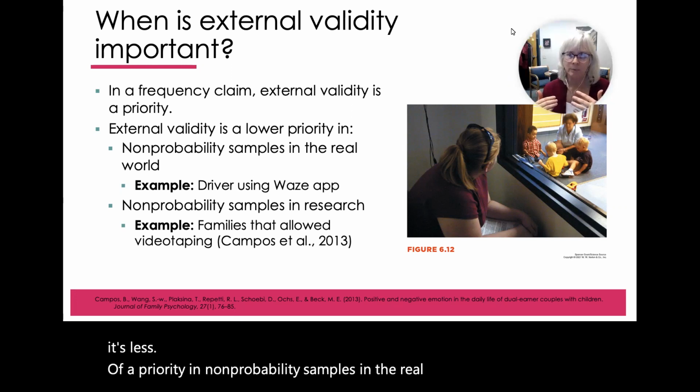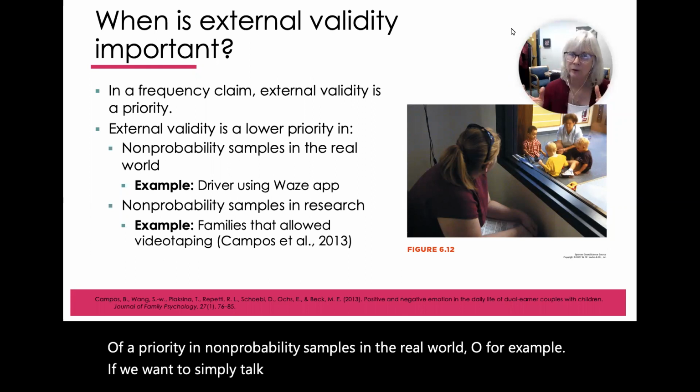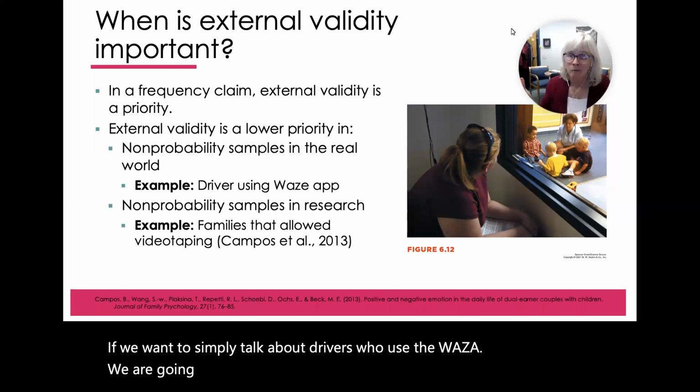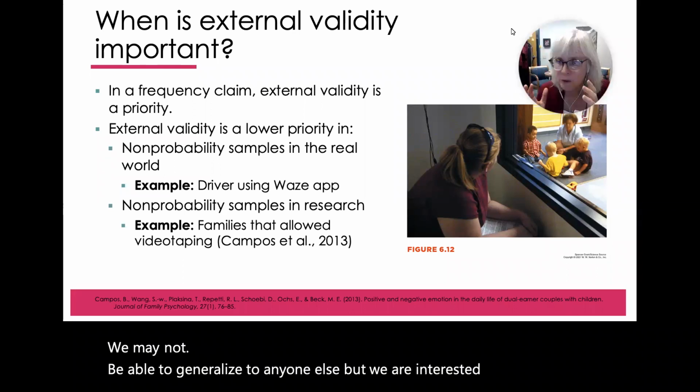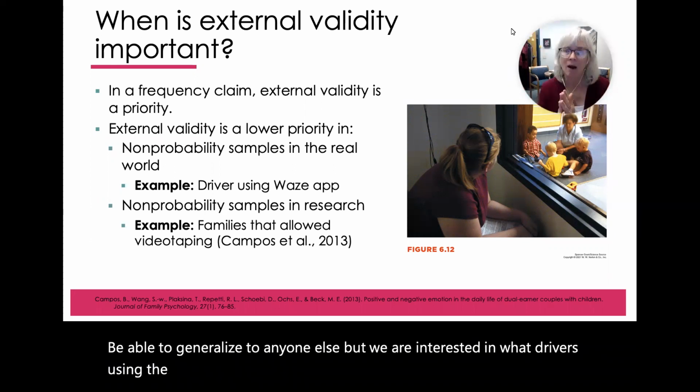So for example, if we want to simply talk about drivers who use the Waze app, we may not be able to generalize to anyone else, but we are interested in what drivers using the Waze app are like.